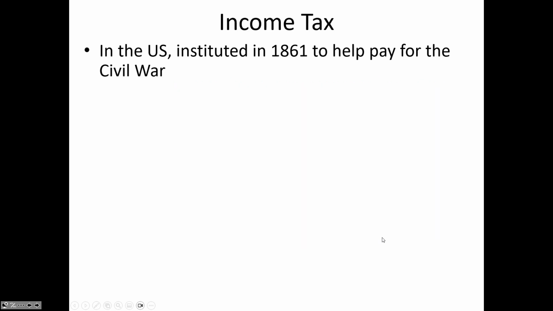So income tax is one of the biggest tax burdens that people face in the United States, at least for most working individuals. The income tax is the biggest tax that they'll pay. And for the first 100 years of the United States' existence, there wasn't any income tax.